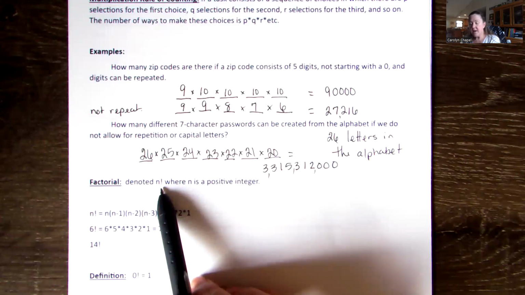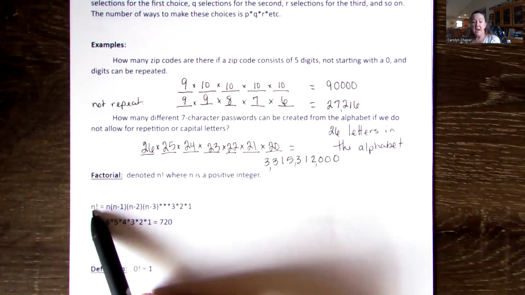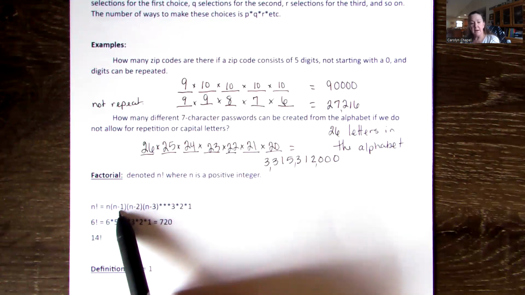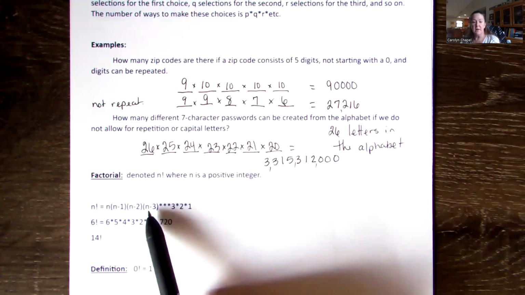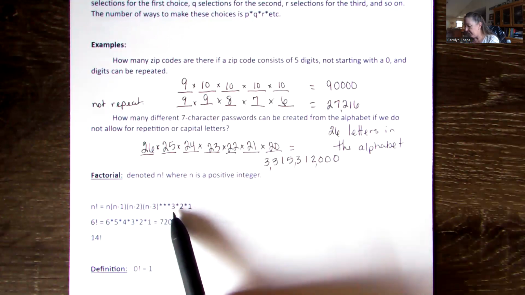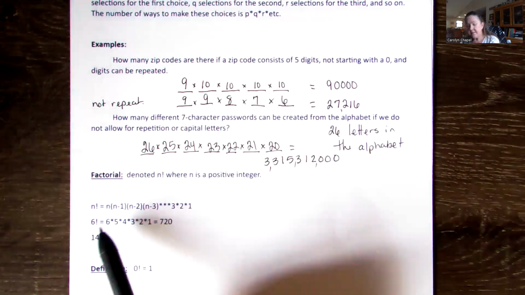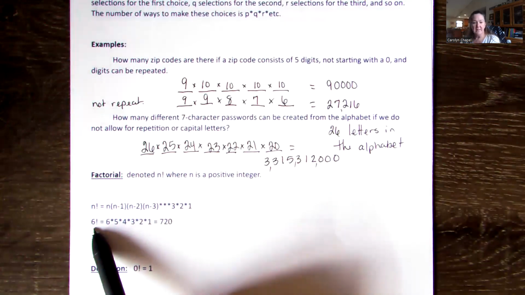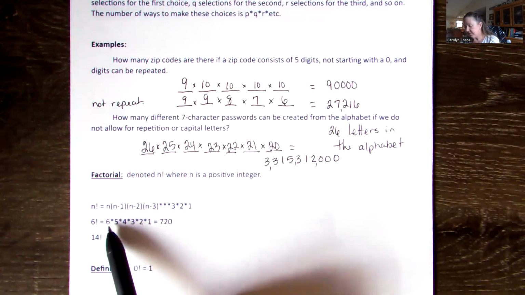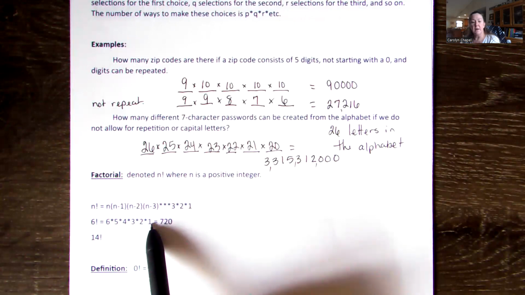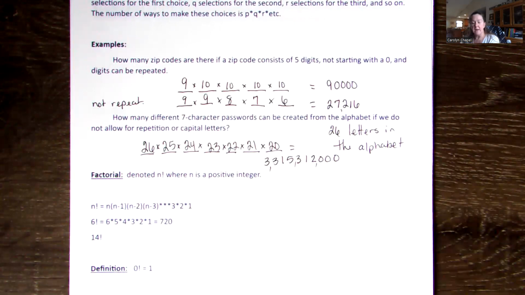The way it is defined is for, in general, n factorial is n times n minus 1 times n minus 2 times n minus 3, all the way down until we hit 3, 2, 1. So for example, 6 factorial, and that's how we would read it, as 6 factorial, is equal to 6 times 5 times 4 times 3 times 2 times 1, which is 720. I did the work ahead of time.